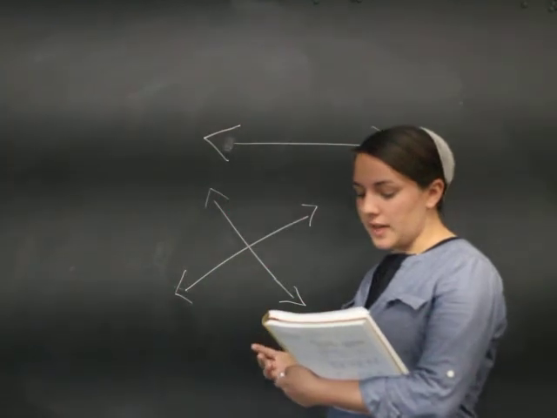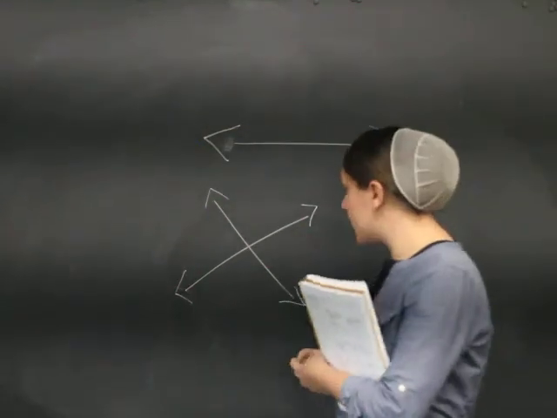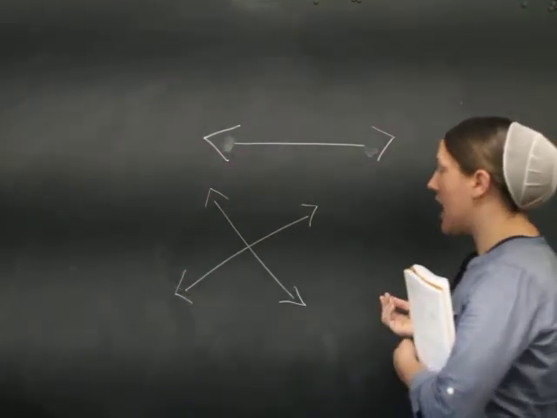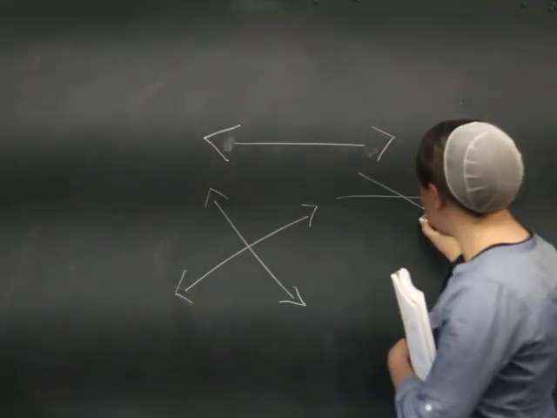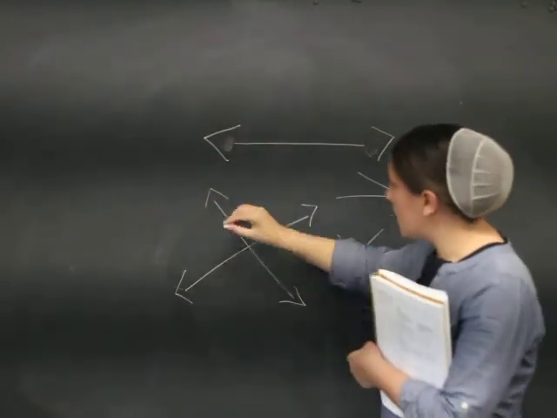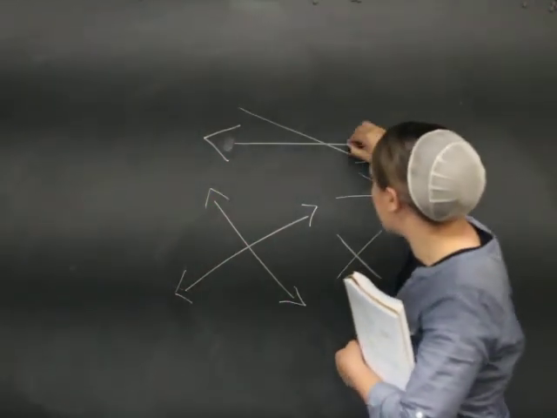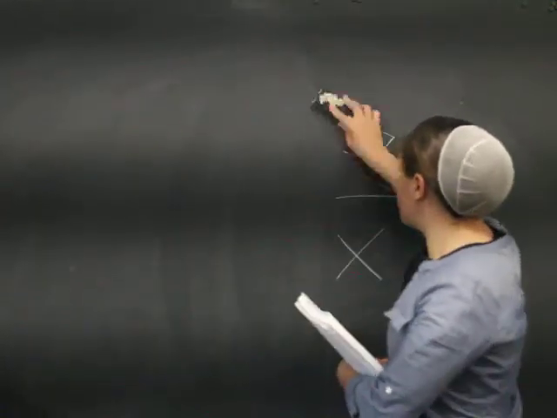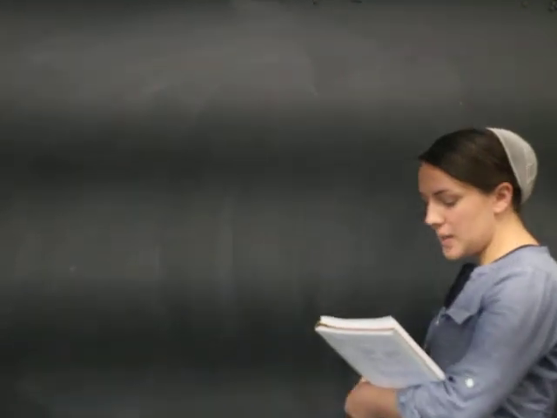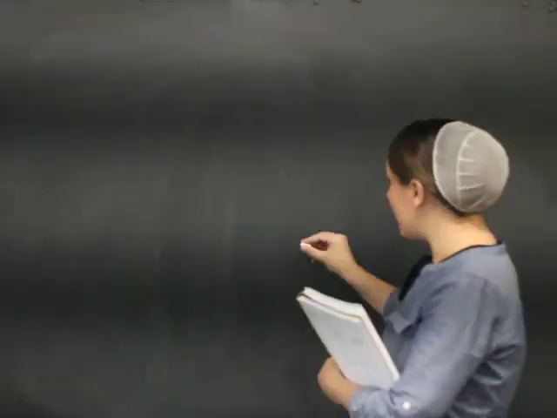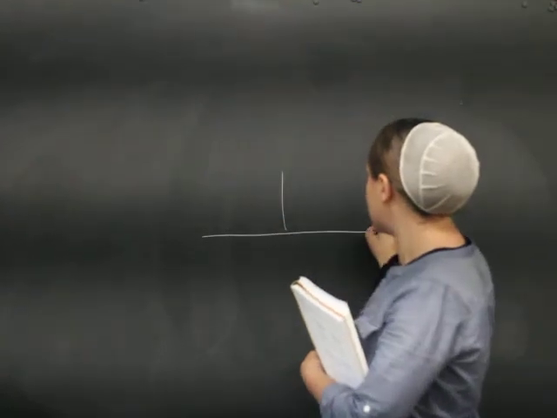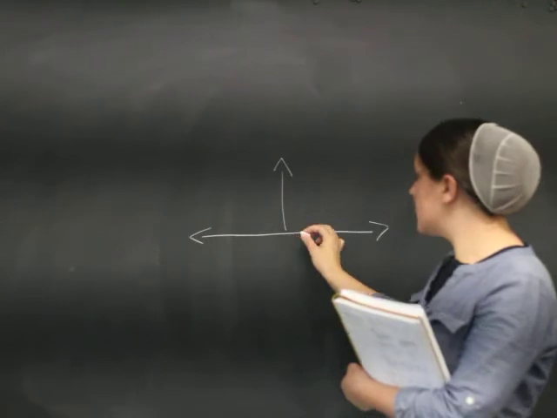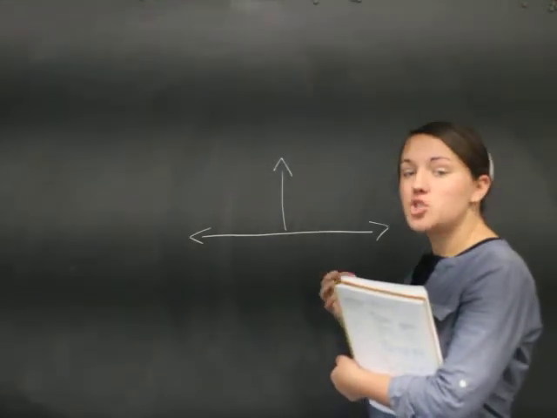Now, perpendicular lines are lines that also cross over each other, but intersecting lines can cross over each other in any way. They can cross like this, they can cross like this, they can be really close together, okay? But perpendicular lines, the difference there is that when they intersect, let's say we have this line here, and we have this line here, so when they intersect, they would make two right angles.